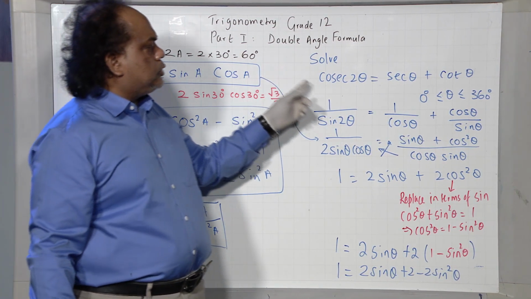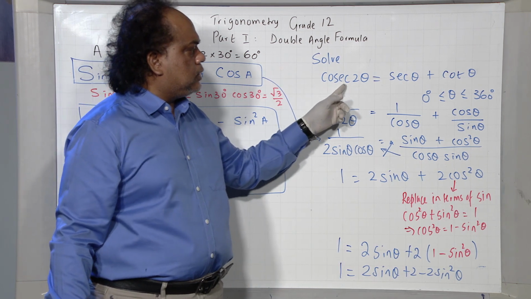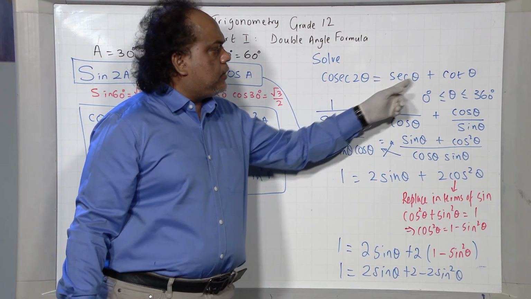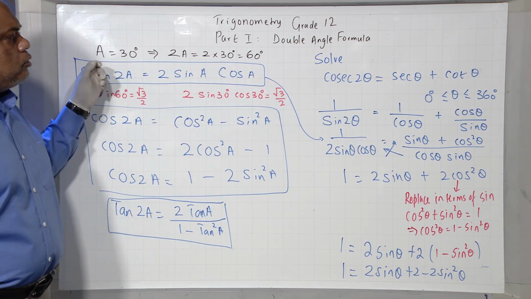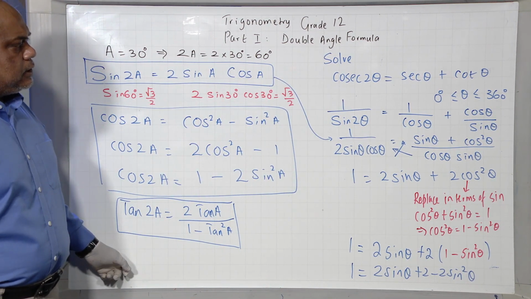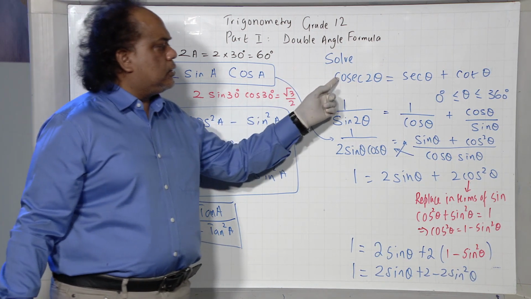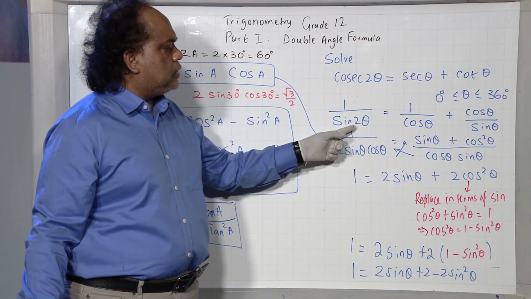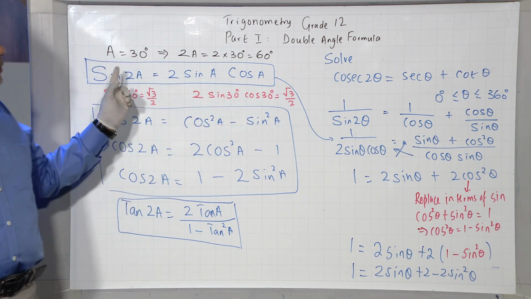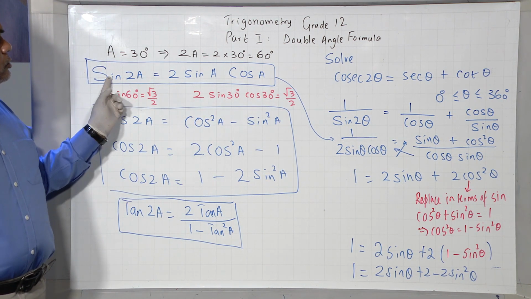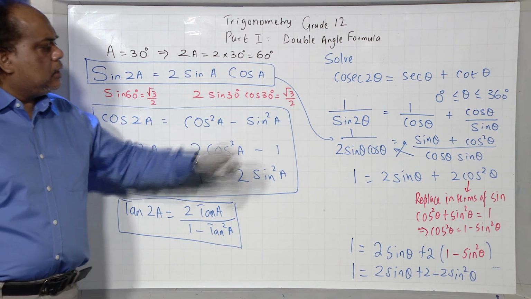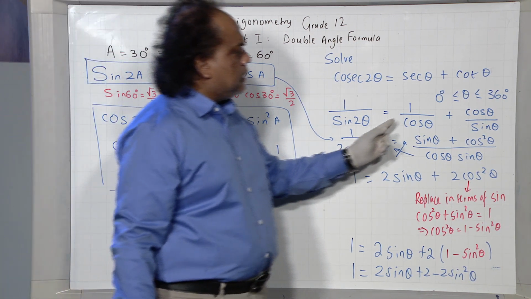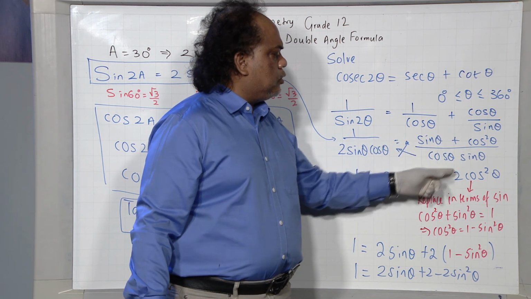So remember, the question was to solve cosec 2 theta equal to sec theta plus cot theta. We didn't have a formula for cosec 2 theta explicitly. We decided to write cosec as 1 over sine 2 theta, and to write sine 2 theta as 2 sine theta cos theta. Right? And then we had the common denominator.